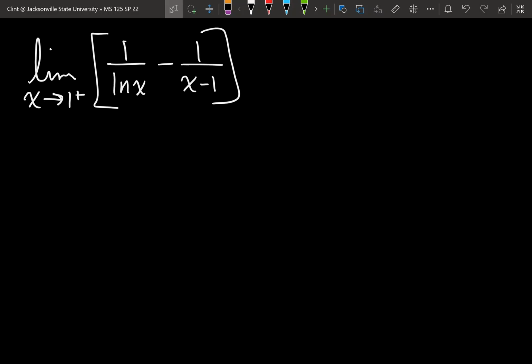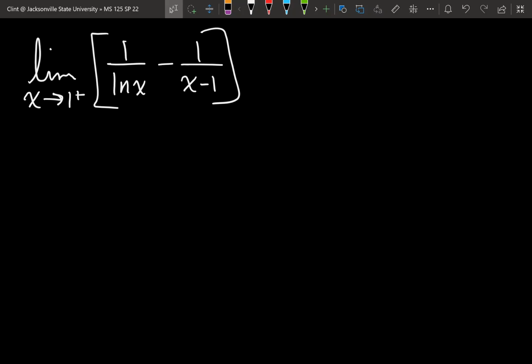So that's 1/0 if we do direct substitution, minus 1/0. And since we're approaching 1 from the right, those limits would be infinity minus infinity.